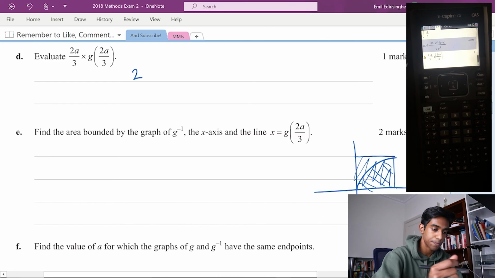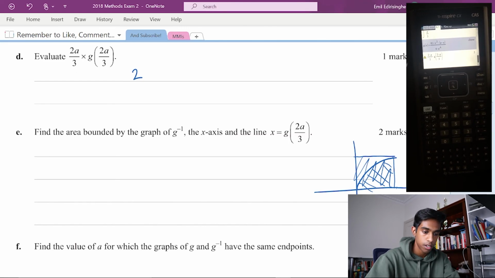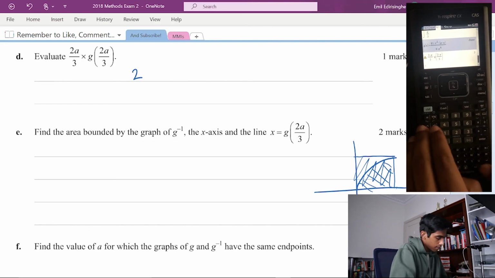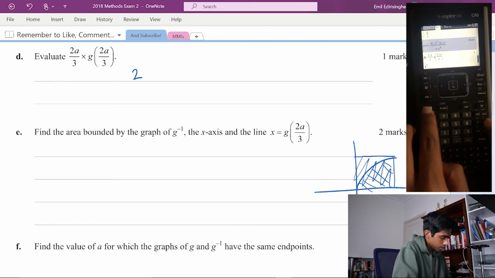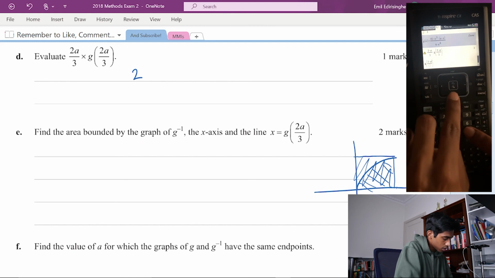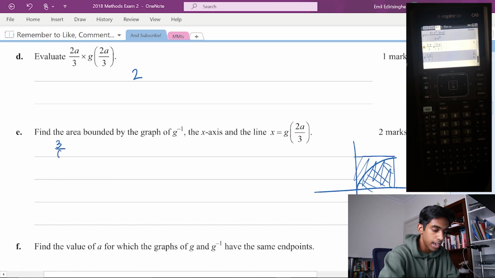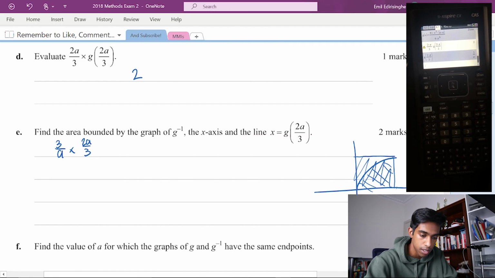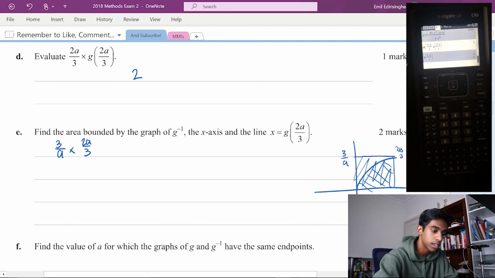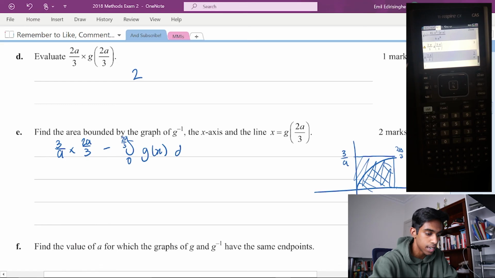So the way we do that is we do g of 2a on 3, which is 3 on a. So we do 3 on a times 2a on 3, minus the integral from 0 to 2a on 3 of g of x dx.